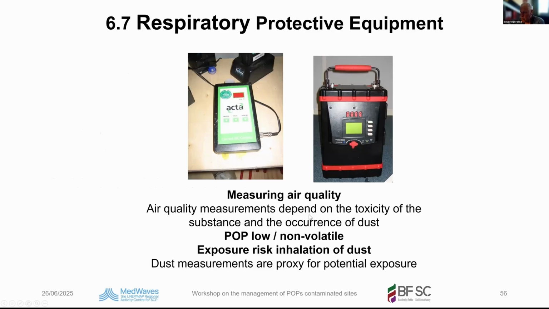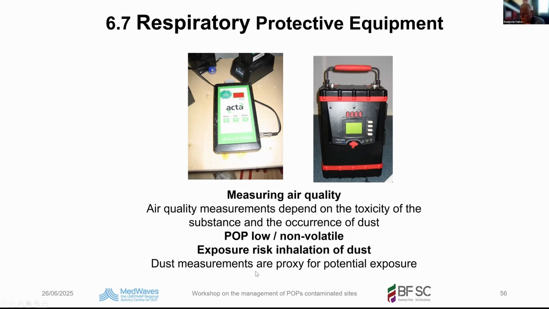Measuring air quality measurements depend on toxicity of the substances and the occurrence of dust. POPs, the persistent organic pollutants, in general have low or no volatility, and the exposure risk is inhalation of dust. That's the most important exposure route of POPs, inhalation of dust.